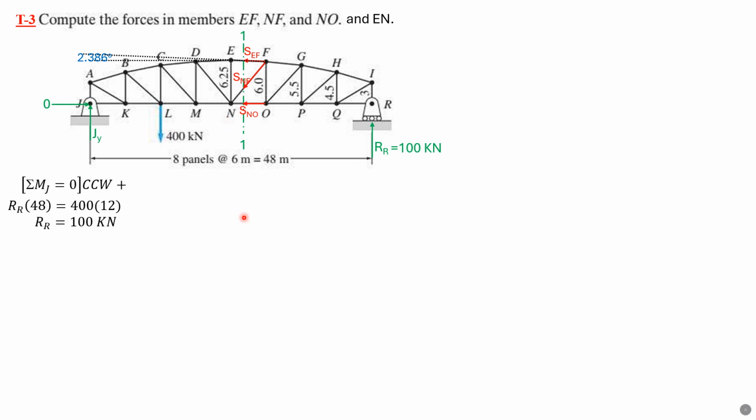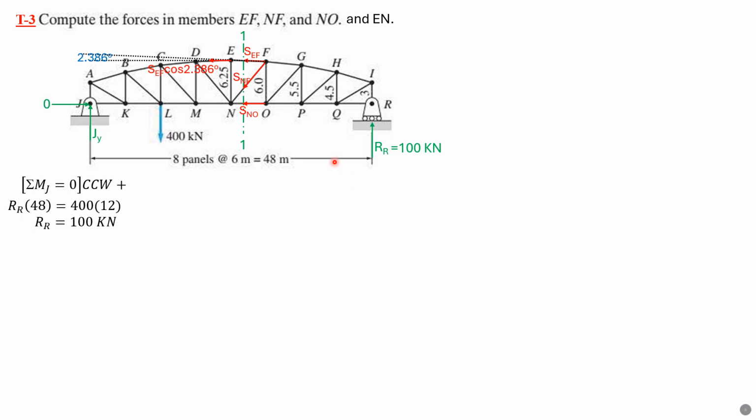Its moment arm is 0. So the horizontal component transferred at E is SEF cosine 2.386. So summation of moments about joint N equals 0, considering forces to the right.